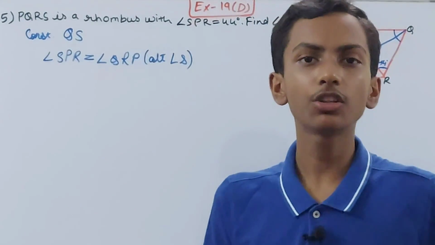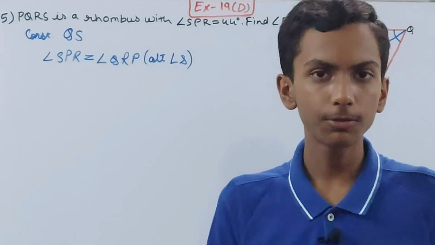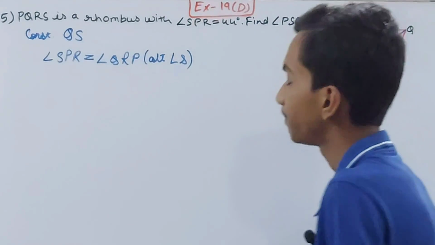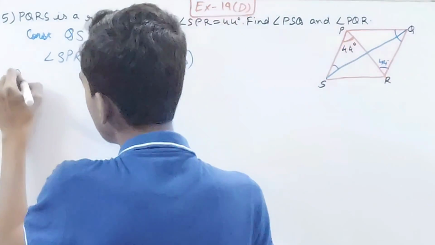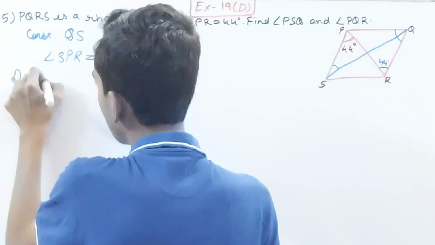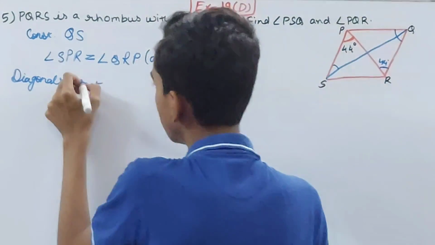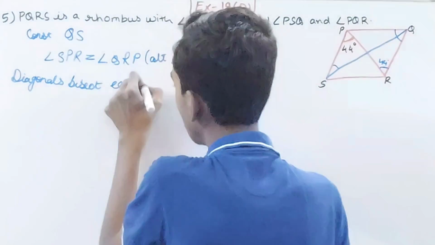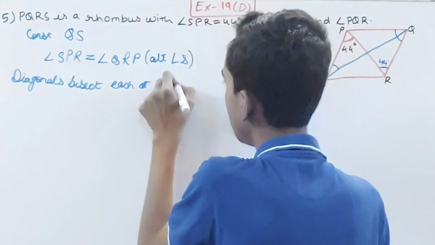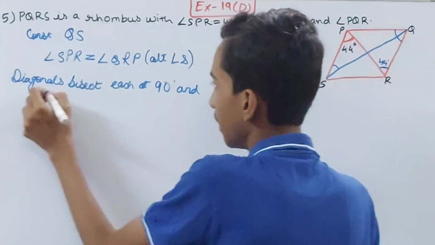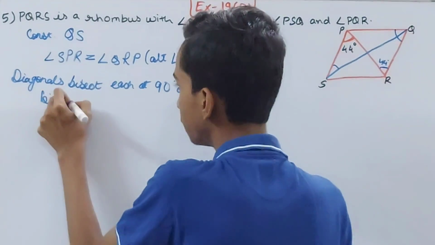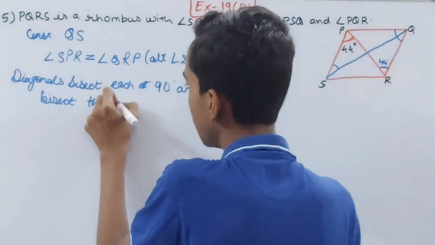But for finding the two angles, we will be using the property of the rhombus, which says that diagonals bisect each other at 90 degrees and bisect the interior angles.